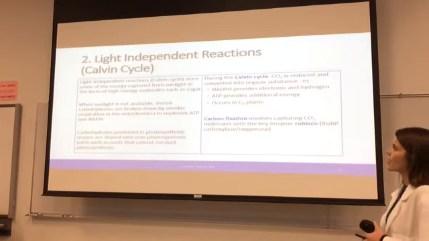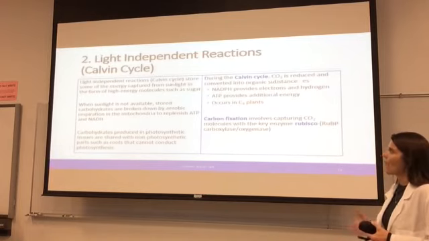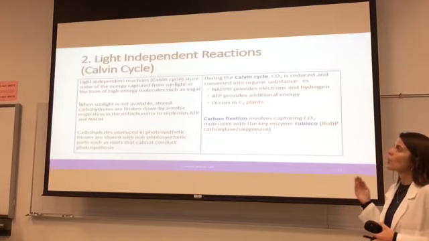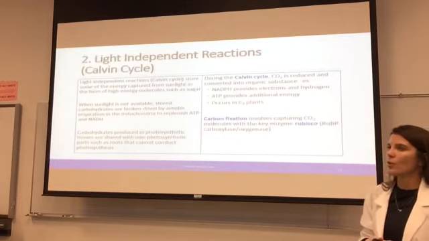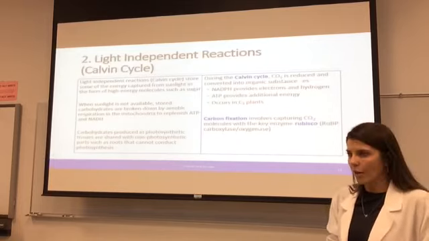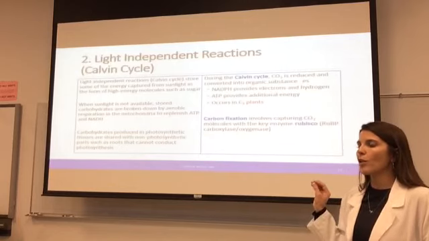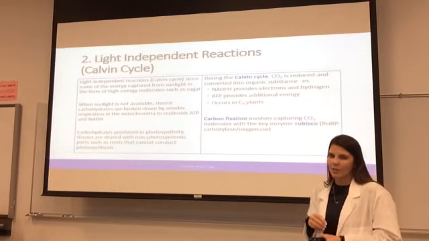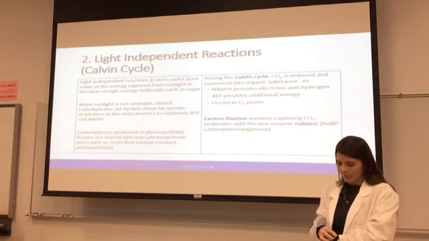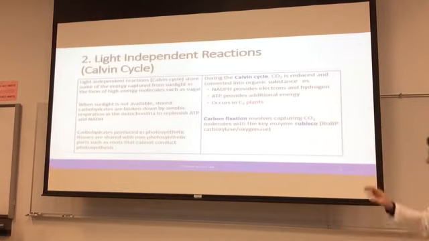The first one says, the light-independent reactions, or the Calvin cycles, store some of the energy captured from sunlight in the form of high-energy molecules such as sugar. So what do you think is going to be made in the light-independent reactions? Sugar.